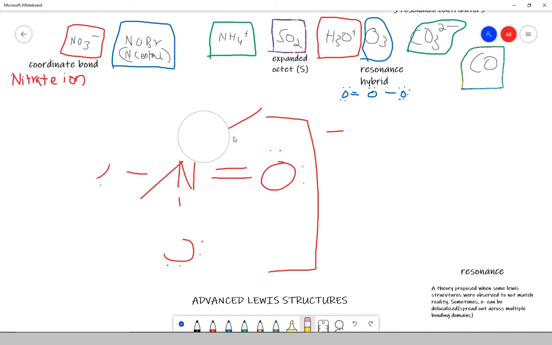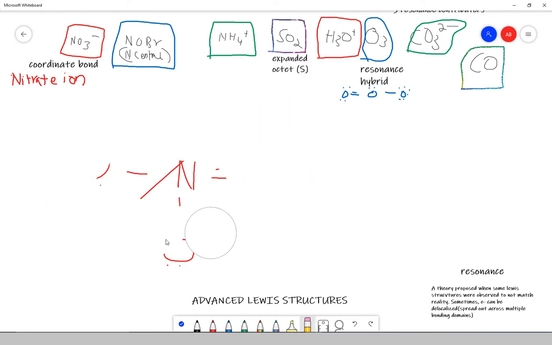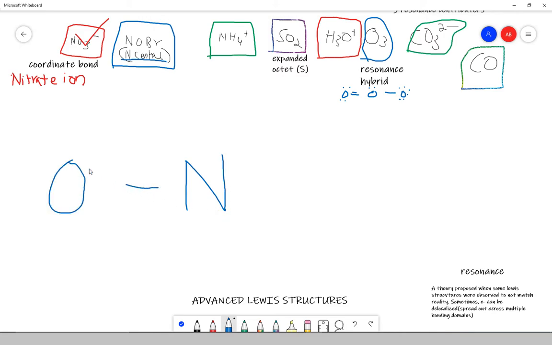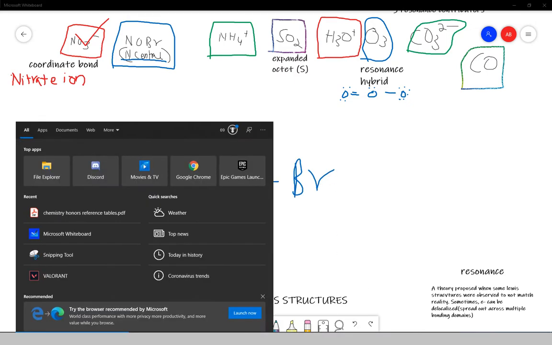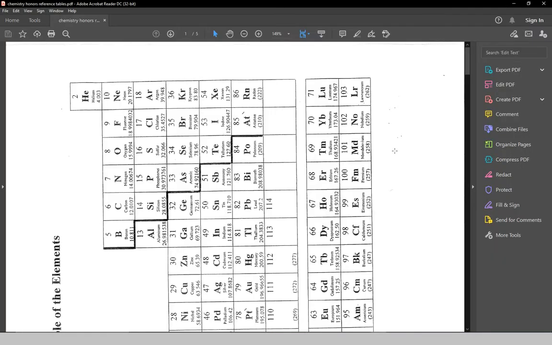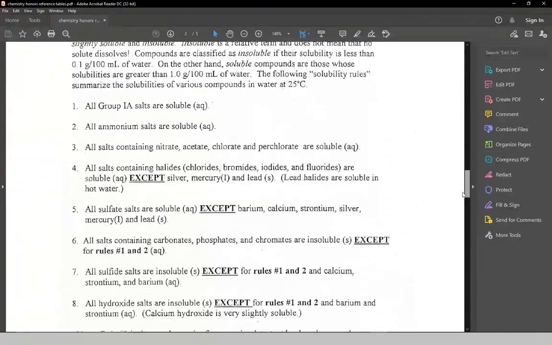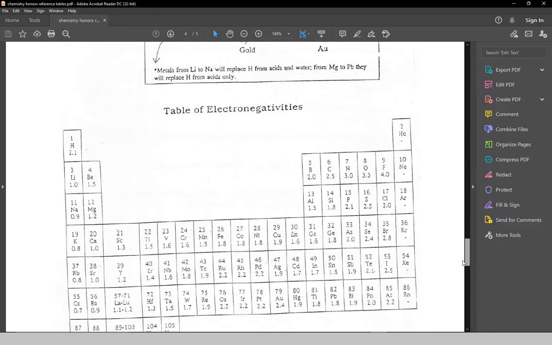So let's move on to the next ion. Let's do this one right here. You see that N is central, and we have oxygen and bromine. Usually oxygen is the one to have a double bond, and bromine usually never has a double bond unless there's an oxygen.